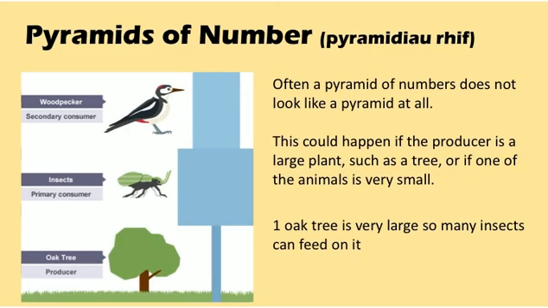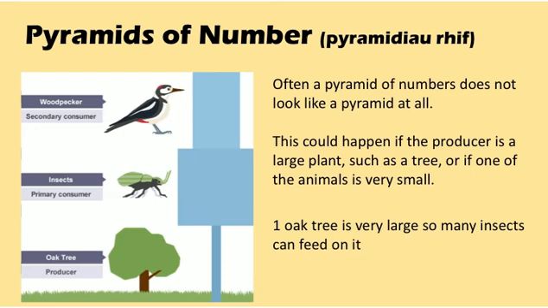But often a pyramid of number doesn't actually look like a pyramid at all. So in the last example it did because we had a lot of plants at the bottom and not many birds at the top. But if we had a tree, that would be one tree as a producer. In this example we have an oak tree, and there's a lot of insects that can feed on that oak tree because it's so big.